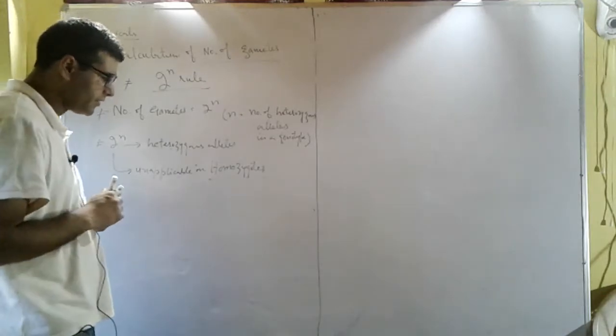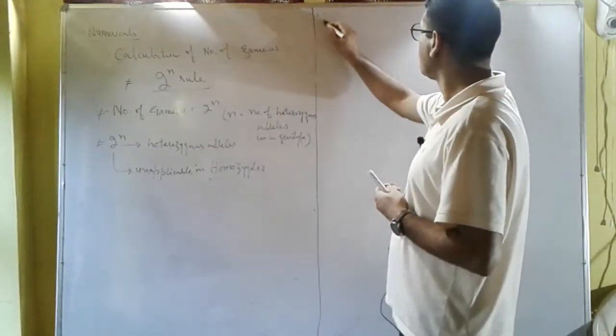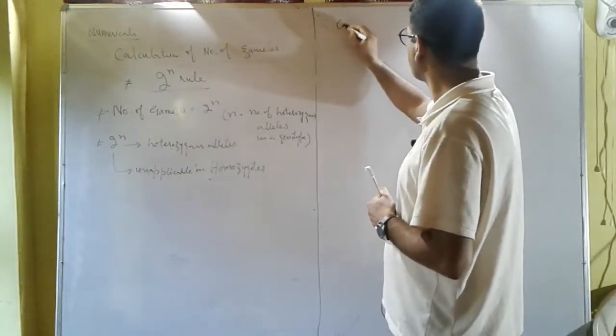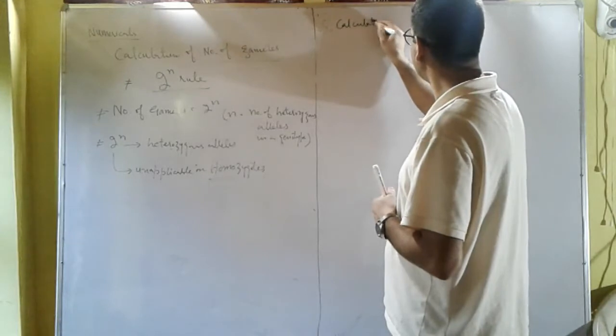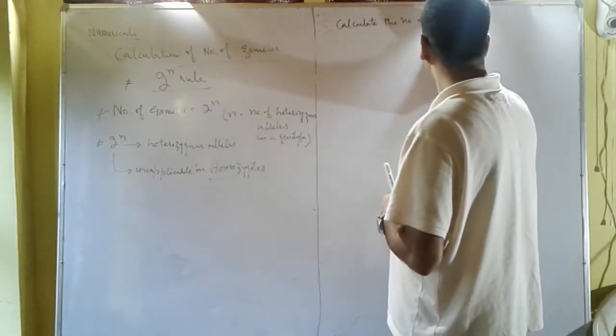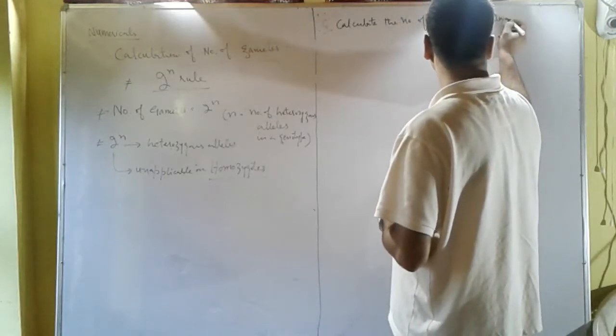So we can calculate, for example, we have numericals. Calculate the number of gametes in the following genotypes.